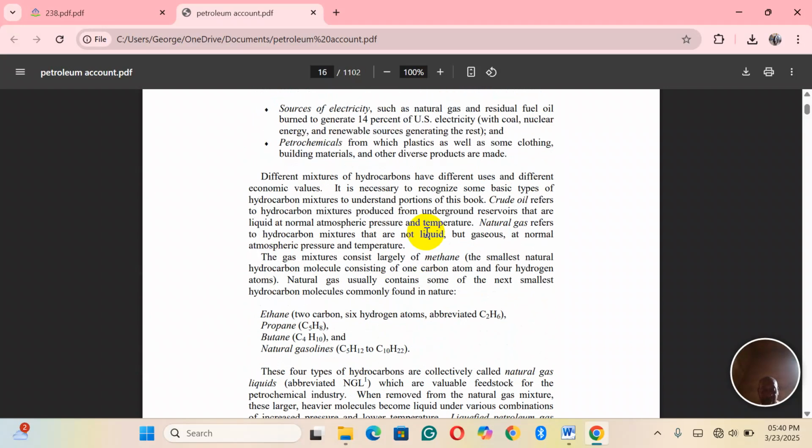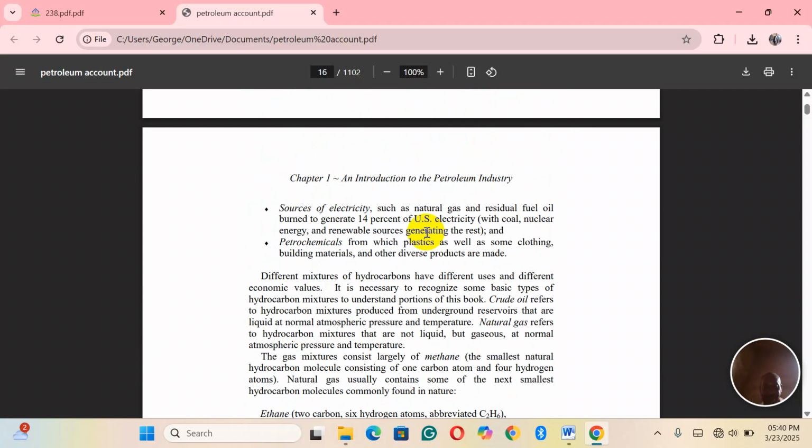We also have a source of electricity, such as natural gas and residential fuel burnt to generate 14% of US electricity, with coal, nuclear energy, and renewable resources generating the rest. And also the petrochemicals from which plastics, some clothing, building materials, and other diverse products are made.